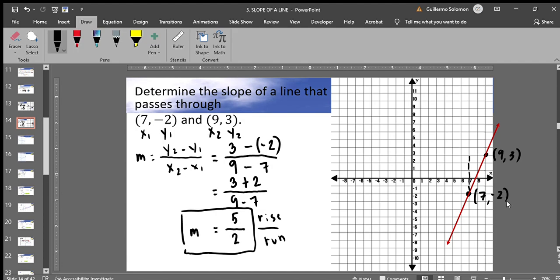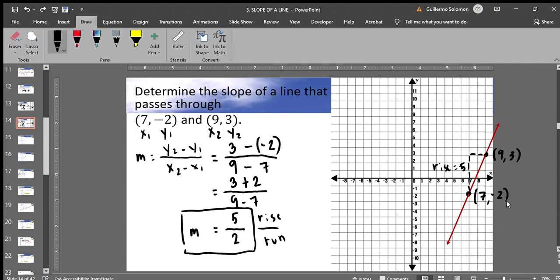Next, from where we stop, let us count 2 units to the right. 1, 2, until we reach the second point, which is 9, negative 3. So our rise is 5 and our run is 2.